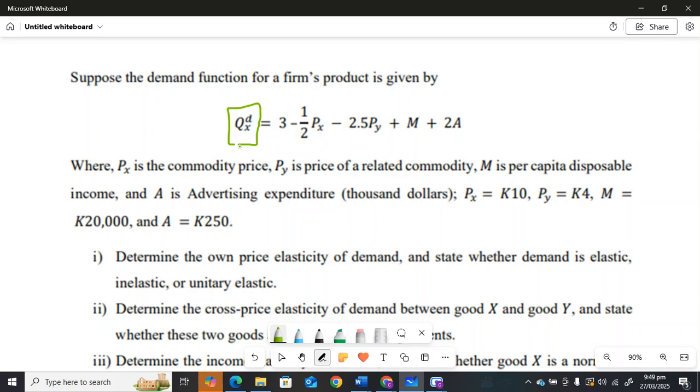Anybody to give it a try? How can you interpret this equation? Which one is the dependent, independent variable? And then how are each of these variables relating with quantity demanded from the signs in the equation here?